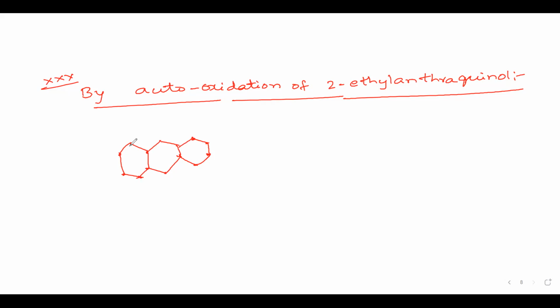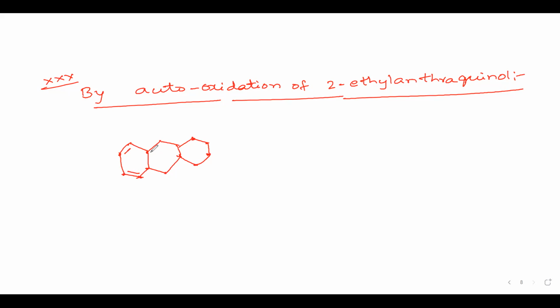Instead of taking round rings, I keep double bonds, then it is easy for us to understand. Alternate double bonds, and this bond is common to both.